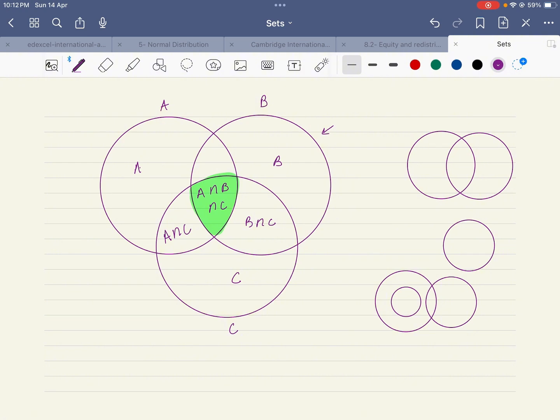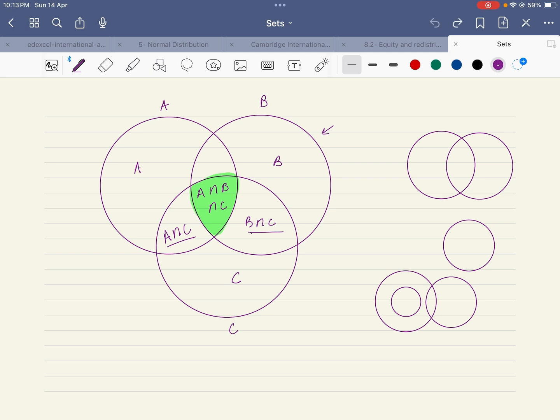So, you start filling the Venn diagram with this green highlighted portion first, because this is the part of the Venn diagram where the members that are common in all 3 of them go. This is B intersection C, A intersection C. Elements that are not common in any of the sets but are part of only C, elements part of only B, and elements part of only A. This is how you fill the Venn diagram.